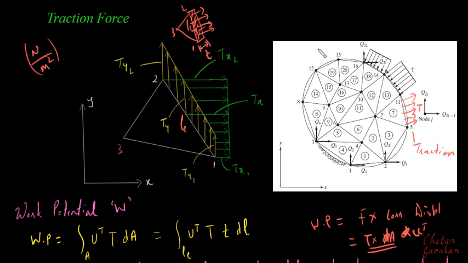If there is a concentrated force, we don't mind it, because we can just create one node here, and directly that concentrated load will be applied on a given node. So a concentrated load has absolutely no problem, but the only problem occurs when it is subjected to body force or traction force, and that is what we have seen in this session.